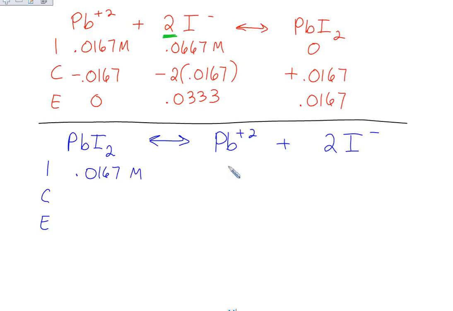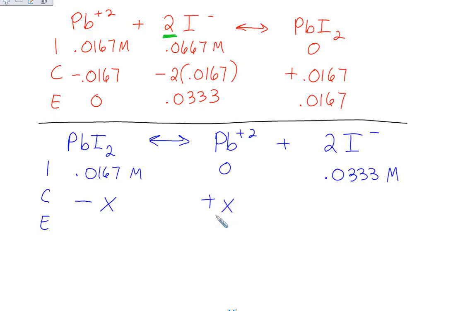My lead was originally listed as 0, but it's not going to stay that way. And my iodine was 0.0333 from the previous step. So here's what happens. Some of this lead iodide will redissociate. We just don't know how much. So we will form some lead ions.